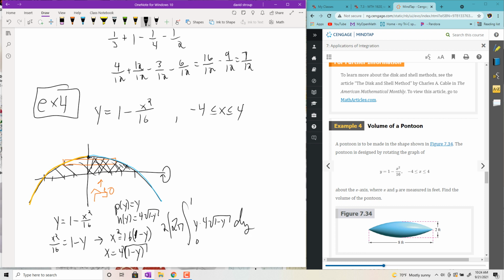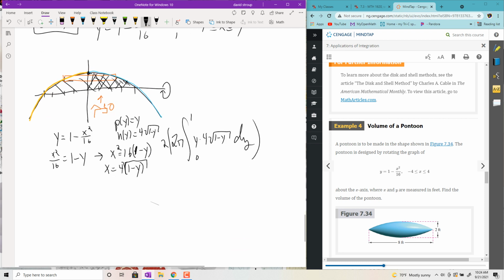But what I'm saying is it's probably easier to just do the disk method. So for the disk method, there's your blue rectangle, and your Riemann man would be going like this. So this is the shell. Let me put that in black. This is sort of your shell integral right here.